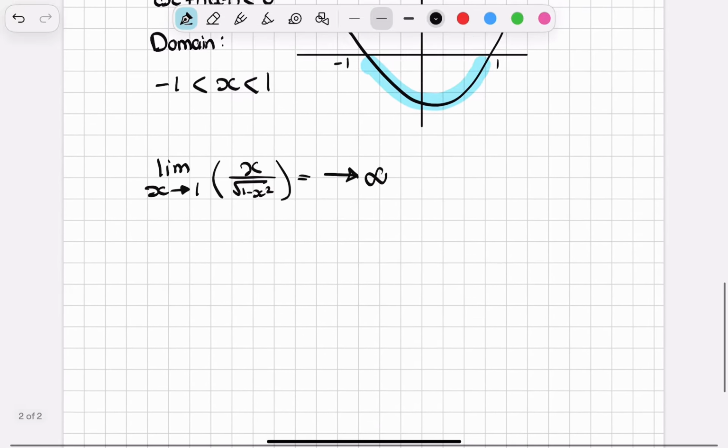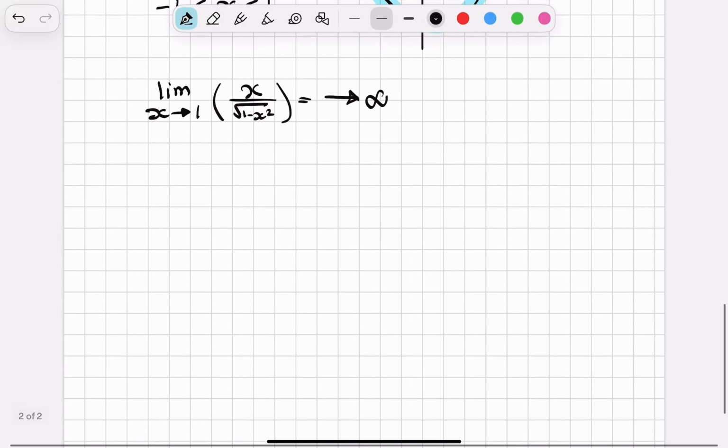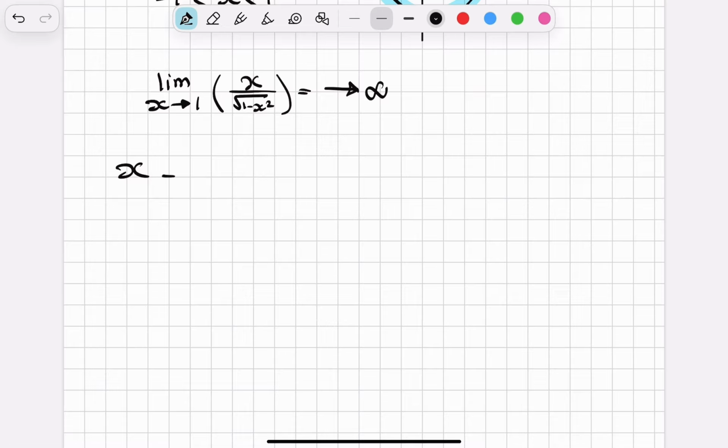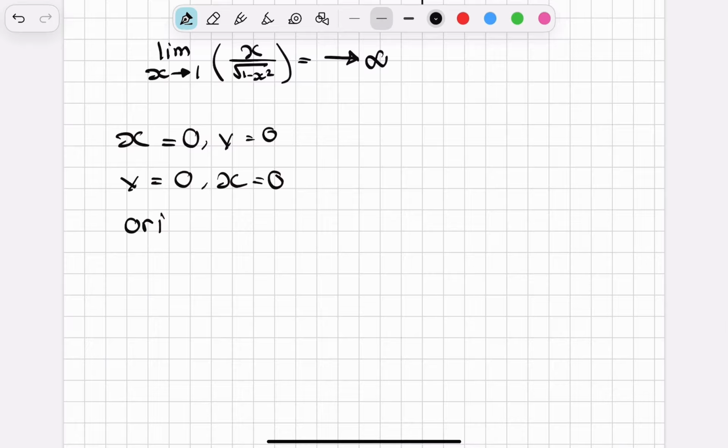Now let's look at x and y intercepts. When x equals 0, y also equals 0, and when y equals 0, x also equals 0. So we know that we're going through the origin.